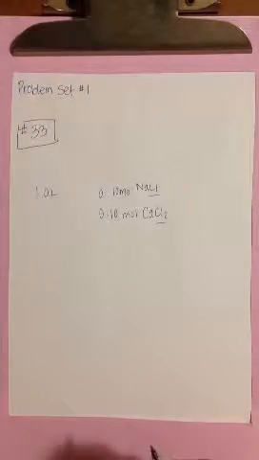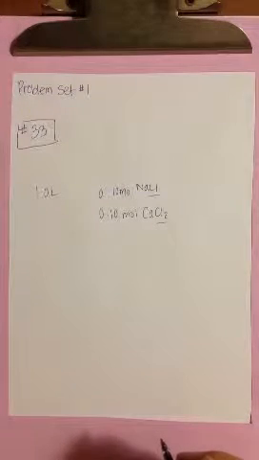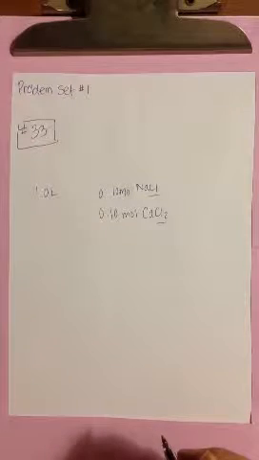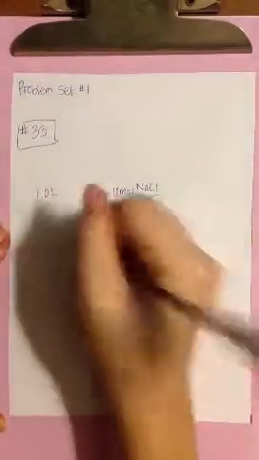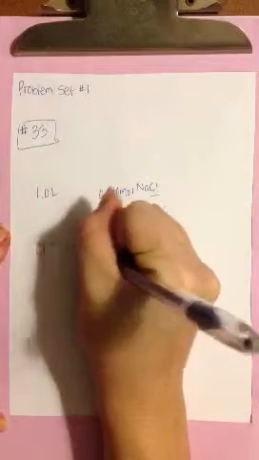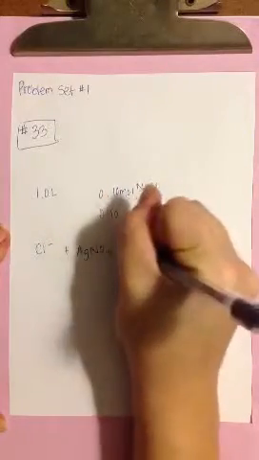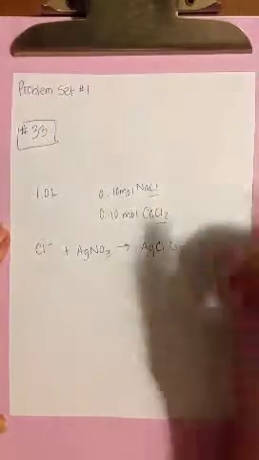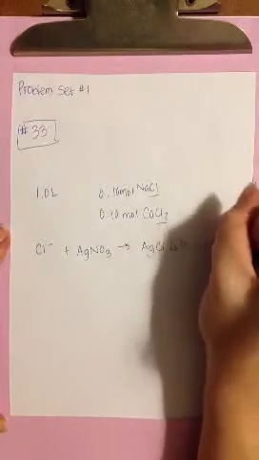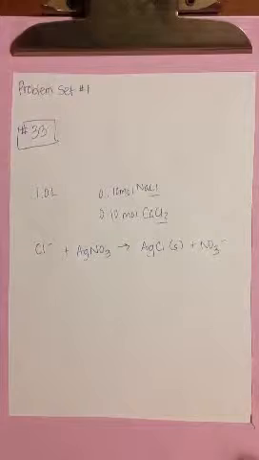It says, what is the minimum number of moles of AgNO3 that must be added to the solution in order to precipitate all of the Cl minus as AgCl solid? Okay, again, here's the word precipitate. So I know that I'm taking Cl minus, I'm adding AgNO3 to it, and I'm making AgCl solid, and I'm guessing then I'll also have nitrate there.